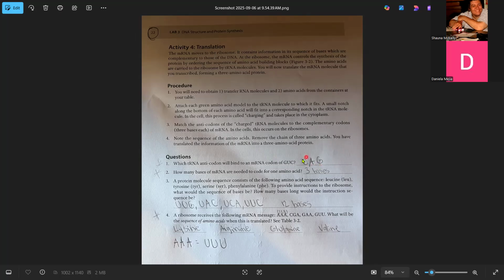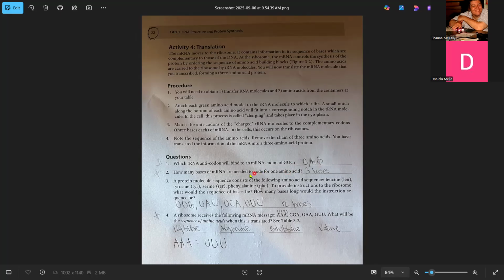So this is guanine. Guanine we know pairs with cytosine. So cytosine here. Then uracil, we don't have thymine, remember? So it pairs with adenine. And cytosine here would pair with guanine over here.